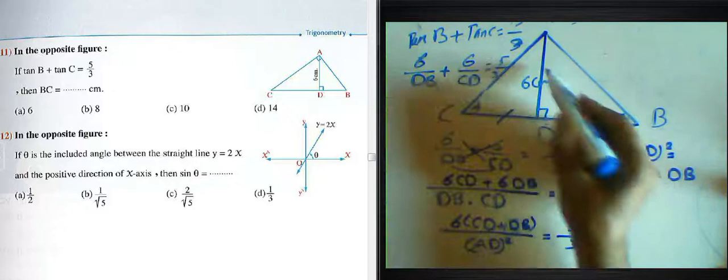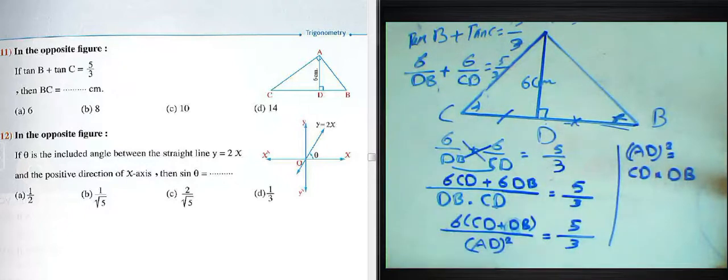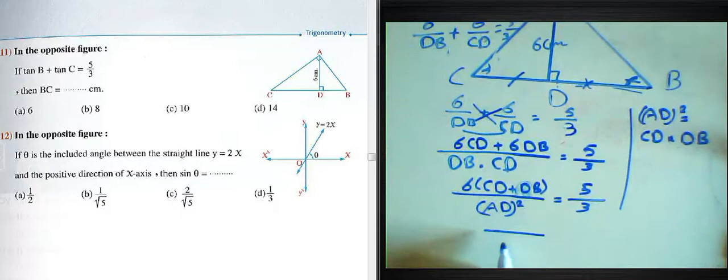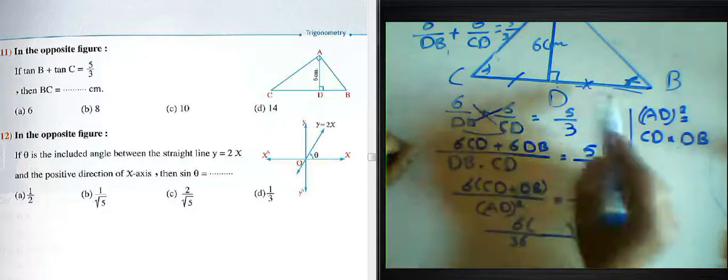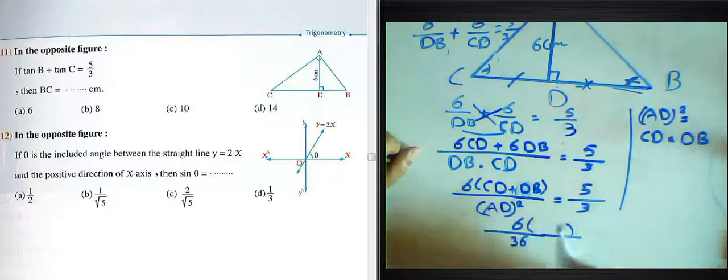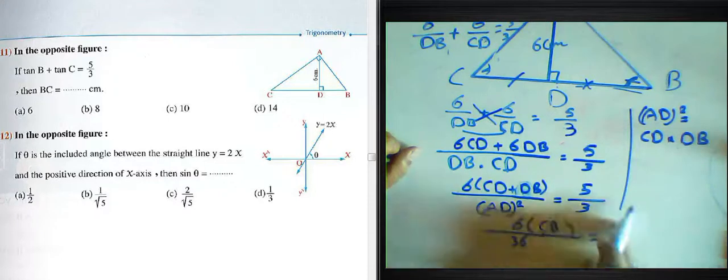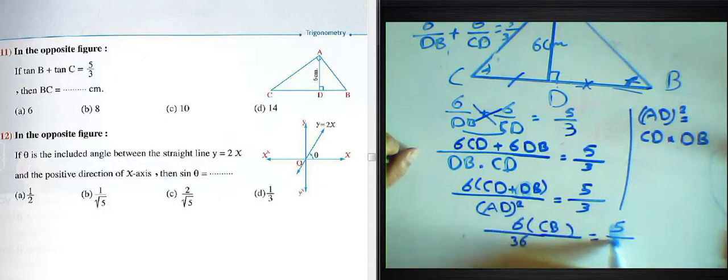He gave us 6 here, so we can write 6 power 2 here. 6 power 2 equals 36, and this 6 multiplied by what? CD plus DB equals CB, equals 3 over 5. Oh, 5 over 3, don't forget.